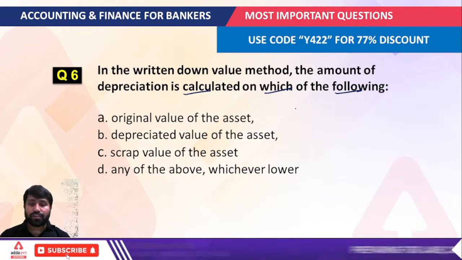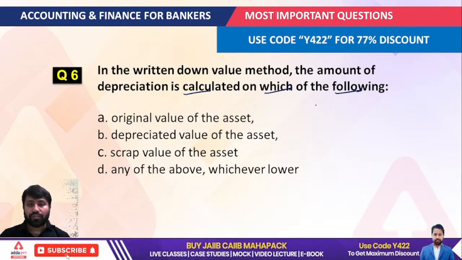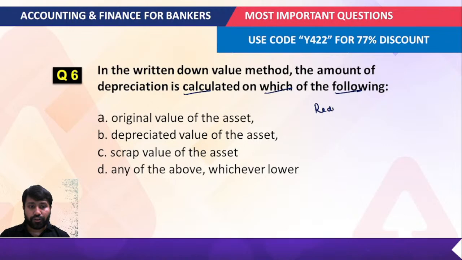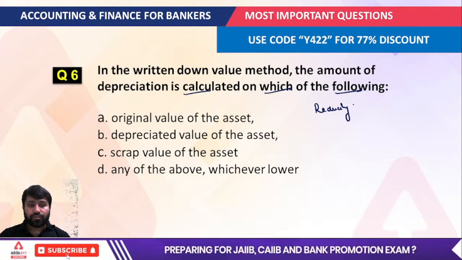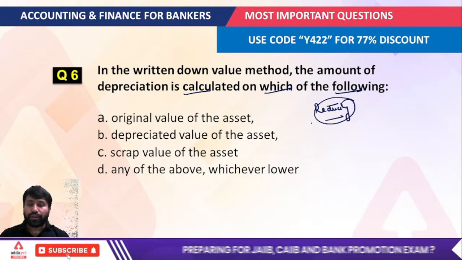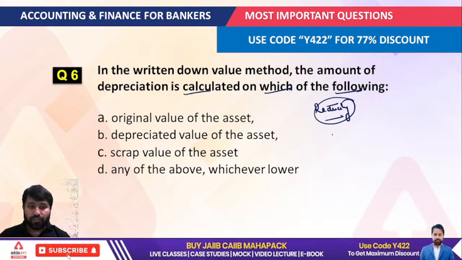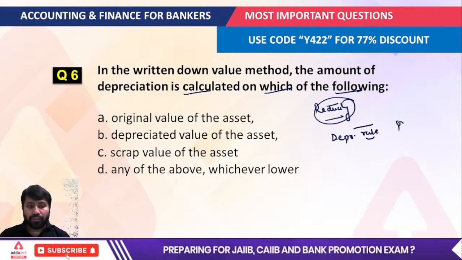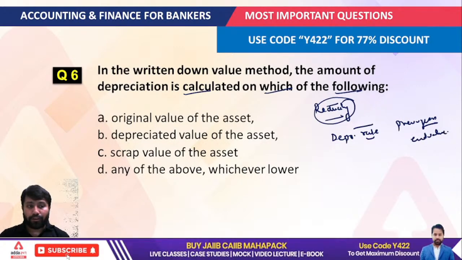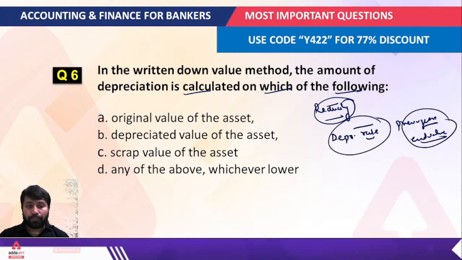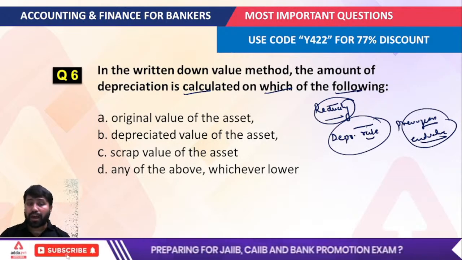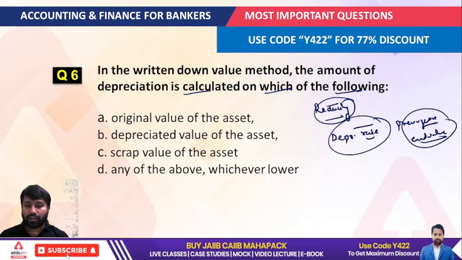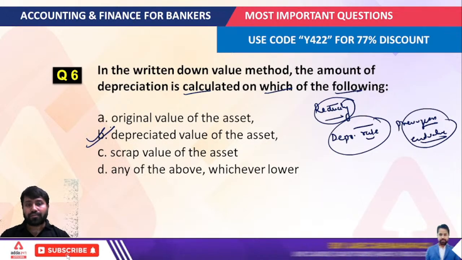When we talk about the written down value method, the reducing value method, the depreciation rate is always applicable on the previous year end value. So we are actually talking about the depreciated value of the asset, right?